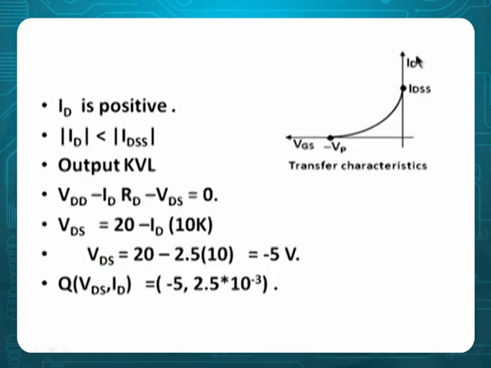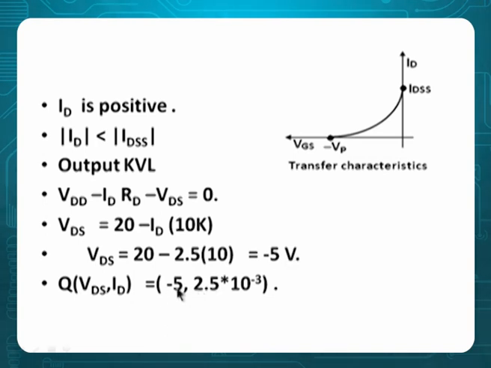And as you see in this curve here, ID should be positive, VGS should be negative. VGS cannot go beyond VP, ID cannot go beyond IDSS. Then output KVL: VDD minus ID RD minus VDS is 0. Substitute the ID value, and you will have -5 here.